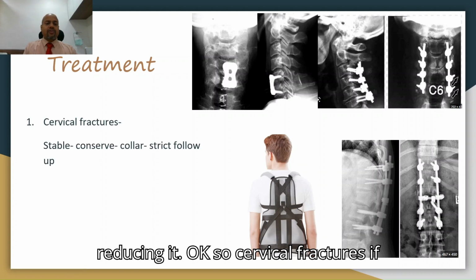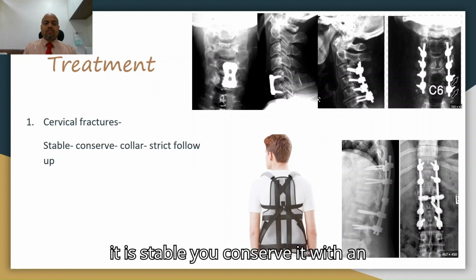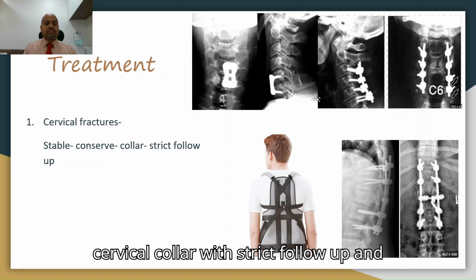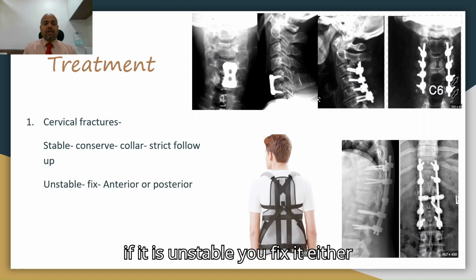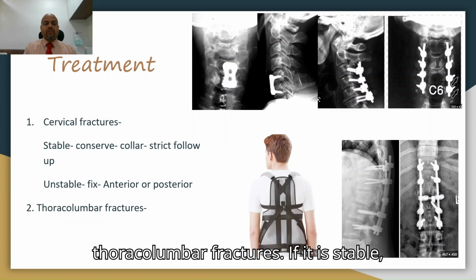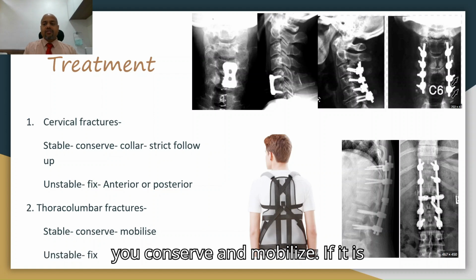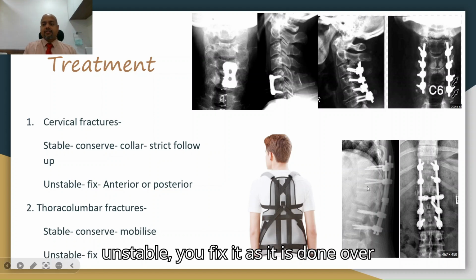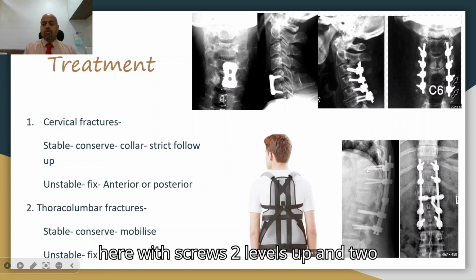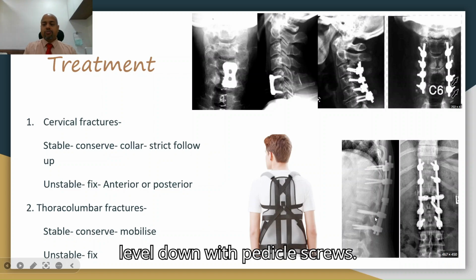So cervical fractures, if stable, you conserve with a cervical collar with strict follow-up, and if unstable, you fix either anteriorly or posteriorly. In thoracolumbar fractures, if it is stable, you conserve and mobilize. If it is unstable, you fix it as it is done over here with pedicle screws 2 levels up and 2 levels down.